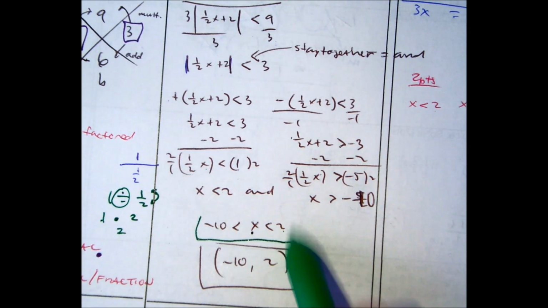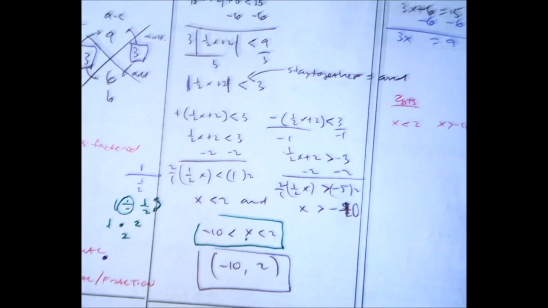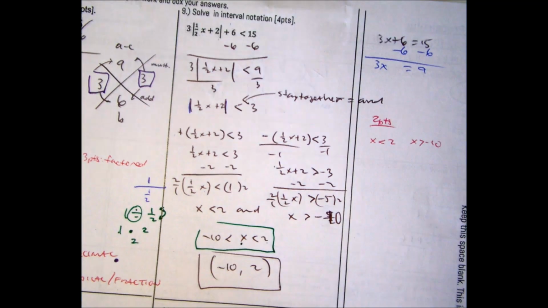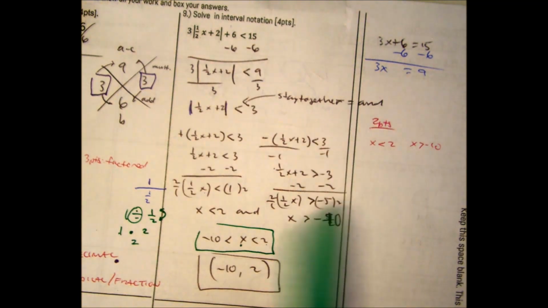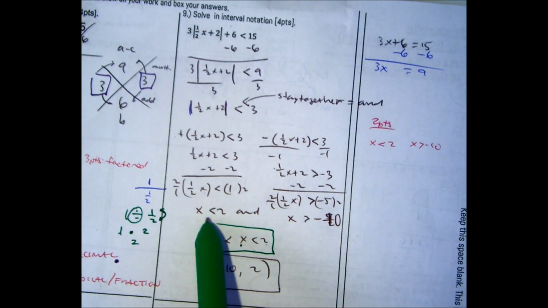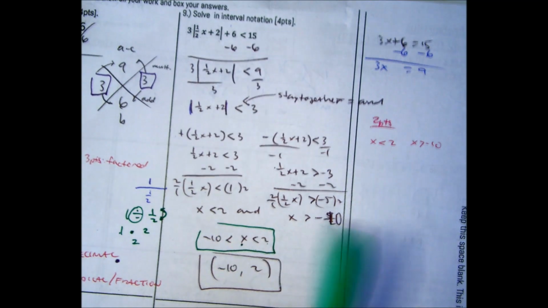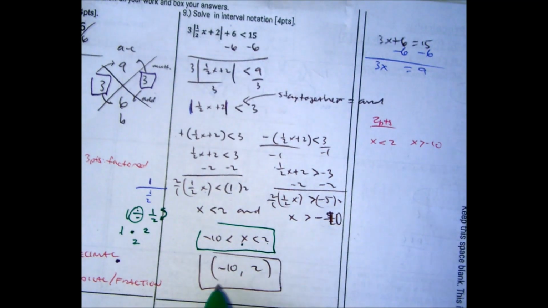Now this is your answer for inequalities, but it asks you for a solution in what? Interval notation. So I might have circled that. If you got this here without interval notation, you got 3 points. If you got x is less than 2 and x is greater than negative 10, I gave you 2 points. So interval notation, negative 10 to 2 are our solutions.